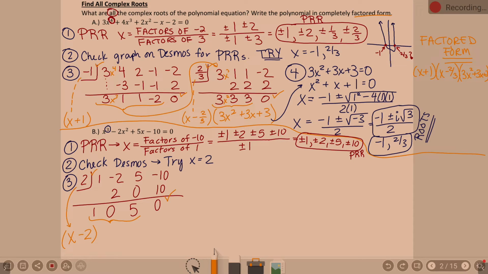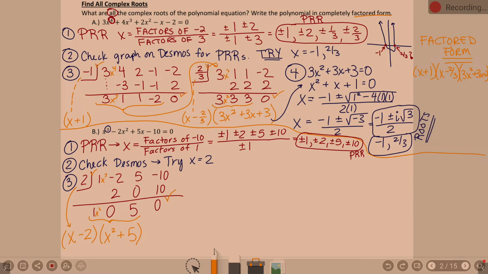Because this originally was x to the third, we're now at x to the second. So this is x squared plus 0x, which I don't need to write, and then plus 5. That is our other factor.